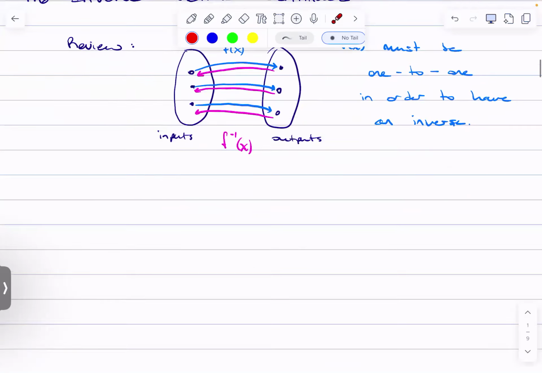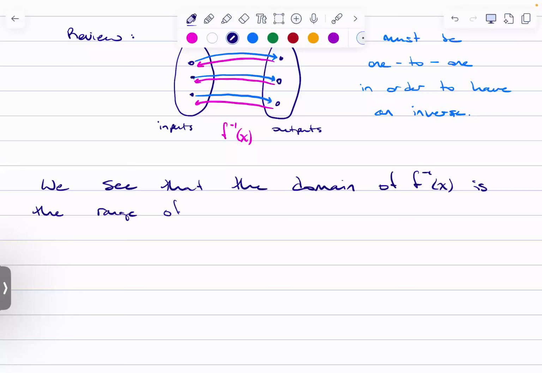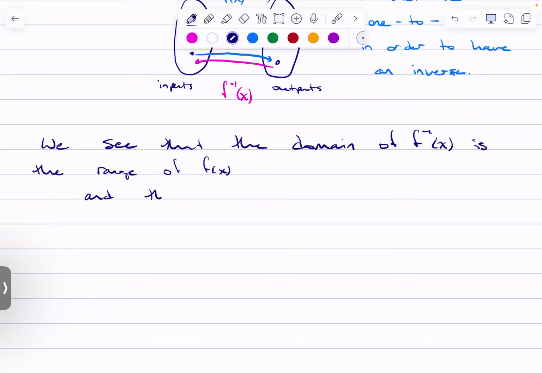And so here we see that the domain of f inverse of x is the range of f of x, and the range of f inverse of x is the domain of f of x.